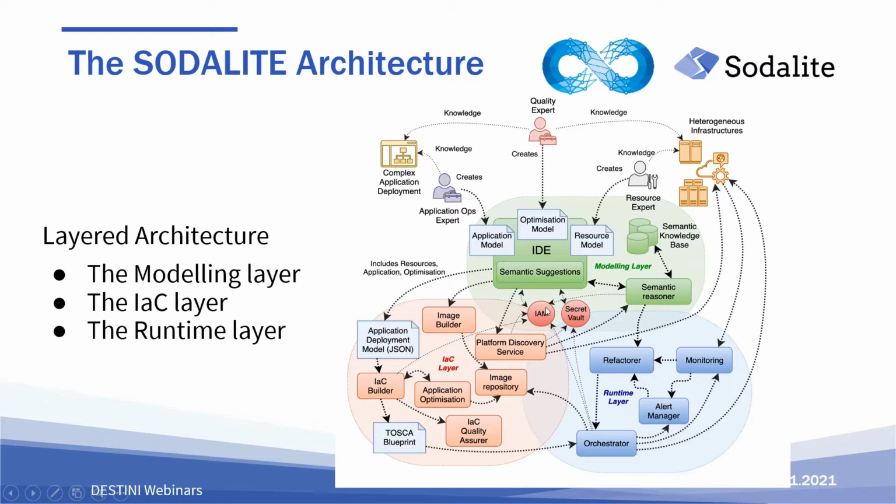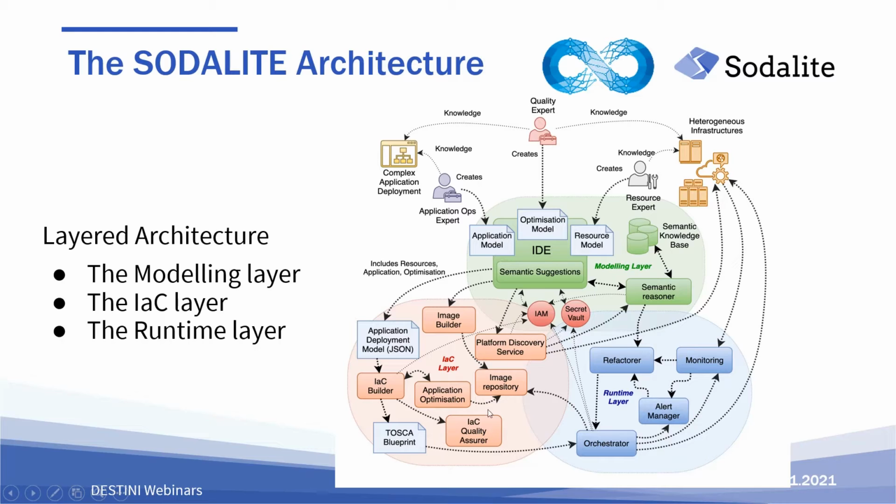Deployment is handled by the infrastructure as code layer. We have an infrastructure as code builder, which can convert the abstract deployment model into concrete executable infrastructure as code. Here we use TOSCA and Ansible.